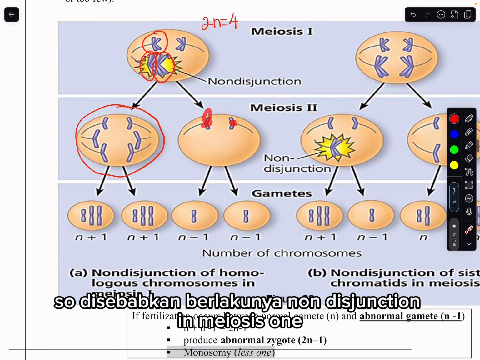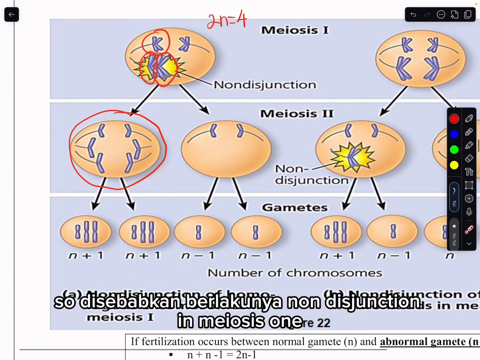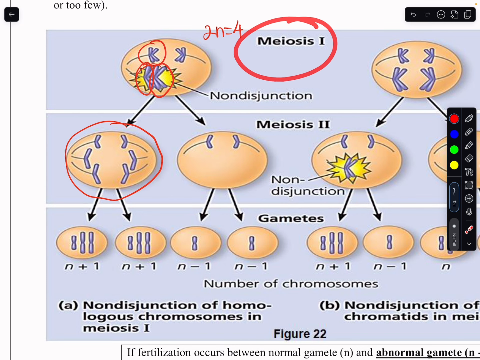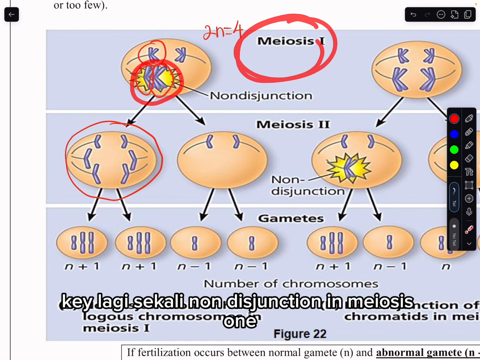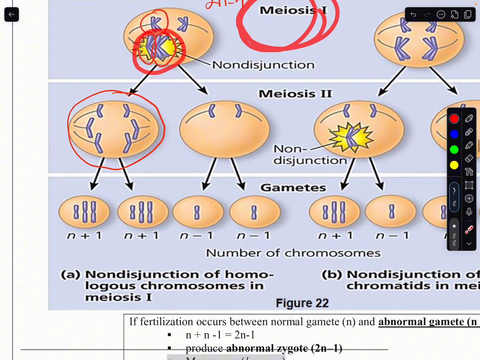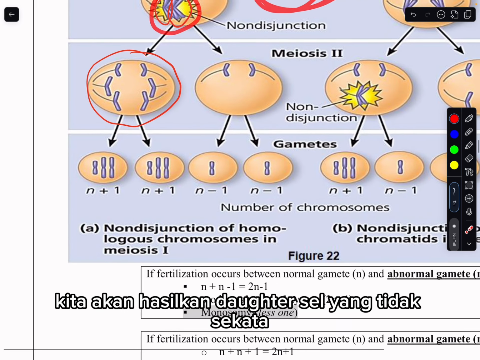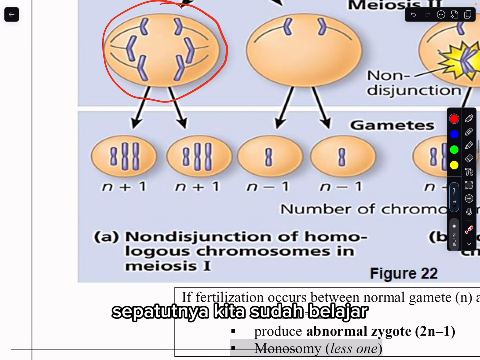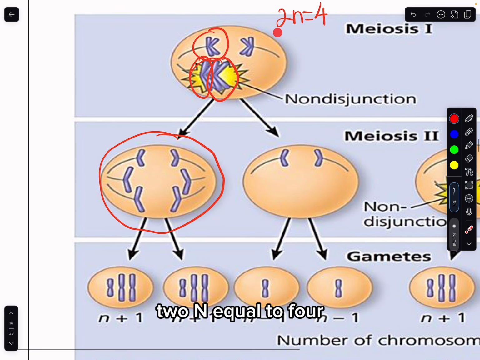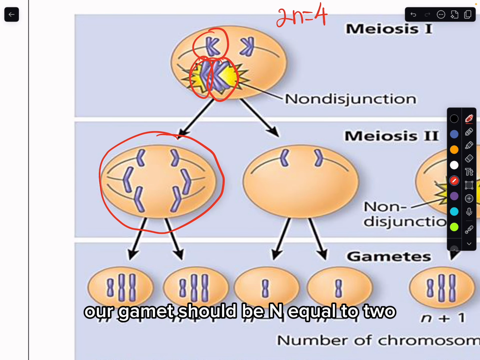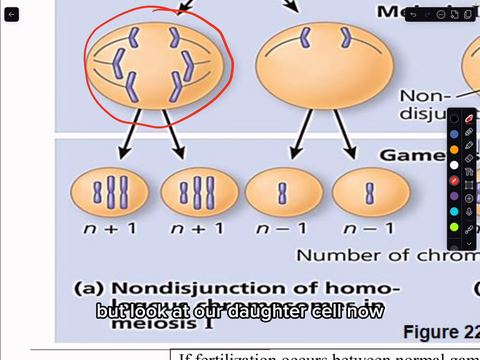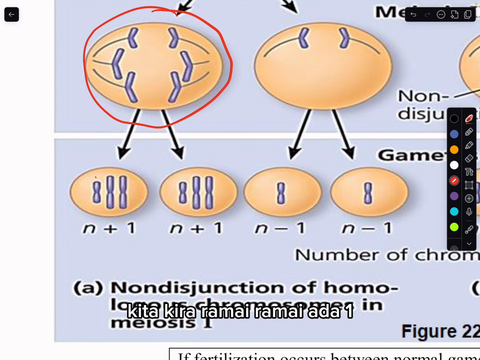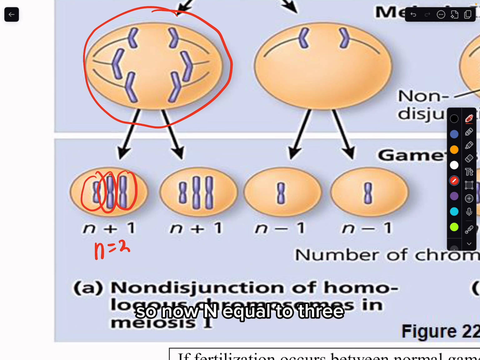Okay, so disebabkan berlakunya nondisjunction in meiosis 1, kita akan hasilkan daughter cell yang tidak sekata. Sepatutnya kita sudah belajar 2n equal to 4, our gamete should be n equal to 2. But look at our daughter cell now. Instead of 2, kita kira ramai-ramai ada 1, 2, 3. So now n equal to 3.